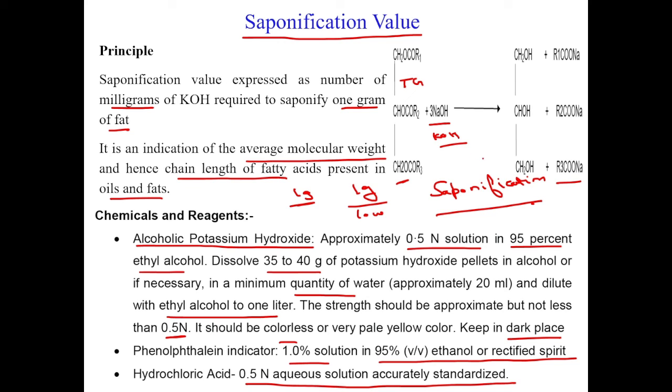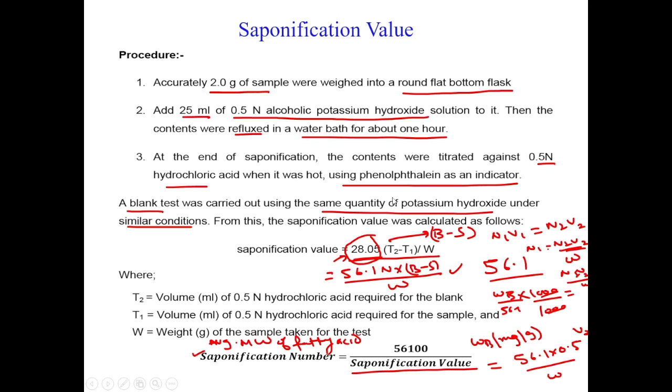The total KOH minus the remaining one gives you the KOH that has been used for saponification. That is why blank minus sample comes here.